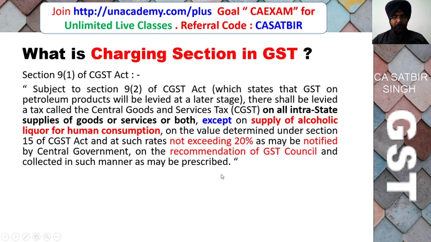Whenever the word prescribed is written in any Act, it means you have to refer to the rules that are framed on how GST will be collected, which we will be studying in coming classes.